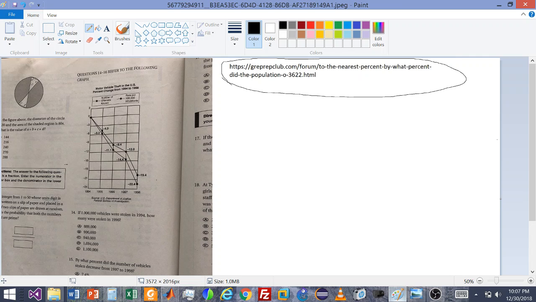With that said, I'm going to go ahead and review some of what we talked about because it's going to be important in this problem. One of the first things that's important in this ratio problem is to create a relationship. This graph shows rate per 100,000 inhabitants and number of offenses known, and it shows the decrease.